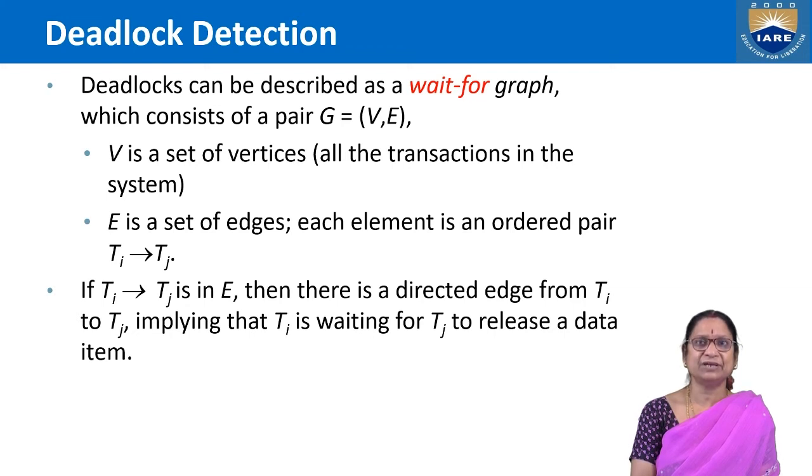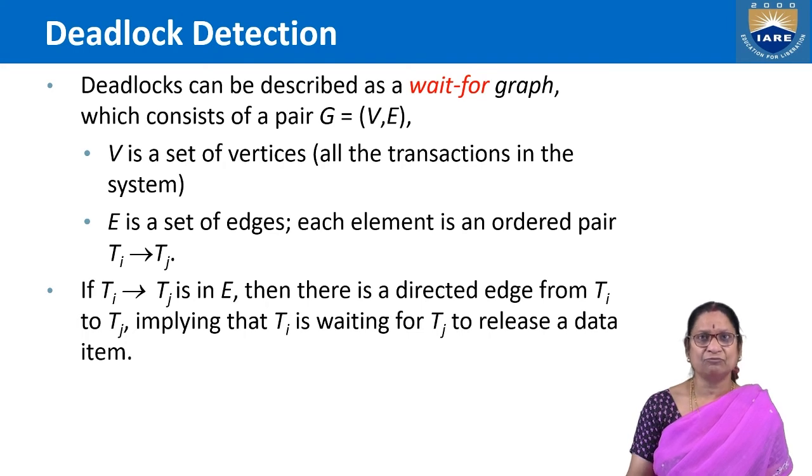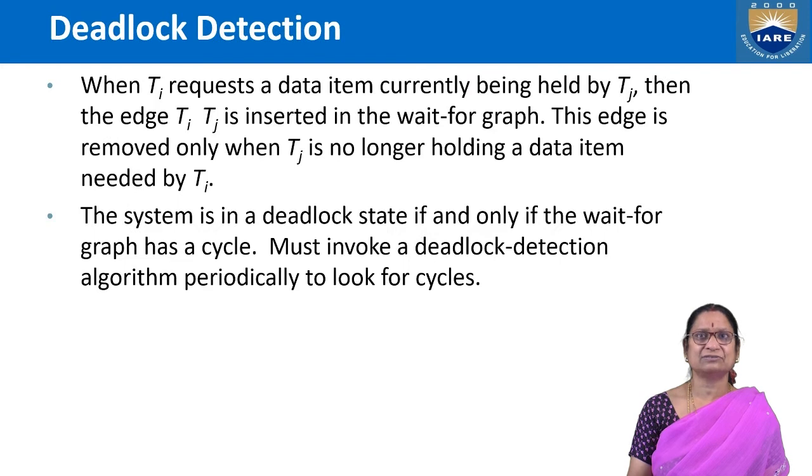That means Ti is waiting for Tj to release some data item. Like that, if you are able to draw a graph depending upon all transactions and all waiting, and that particular graph consists of a cycle, you can say that the system of transactions has entered into the deadlock state.